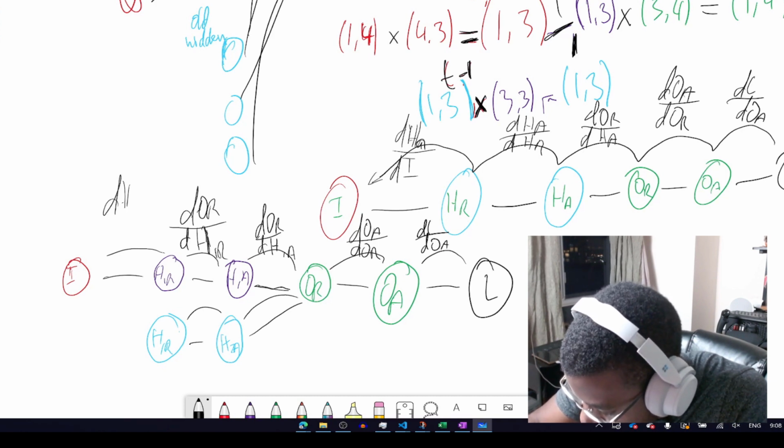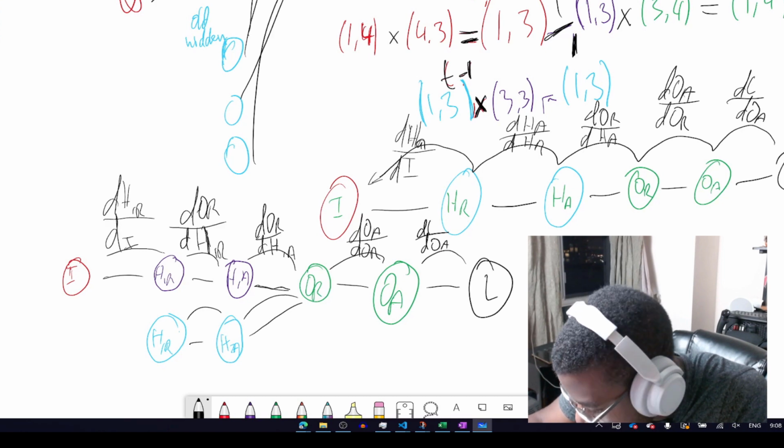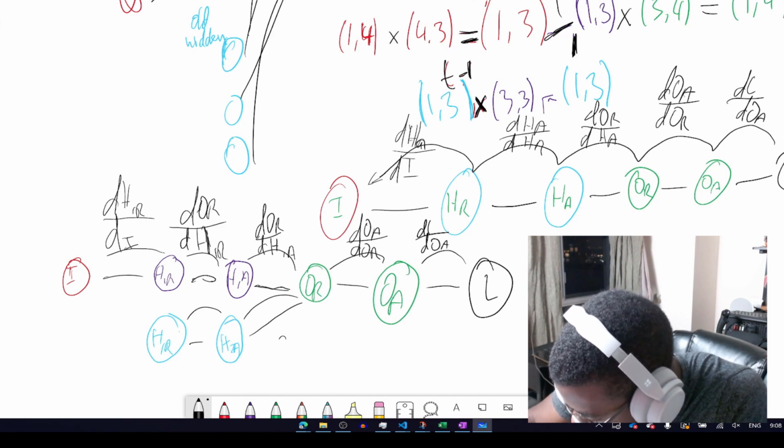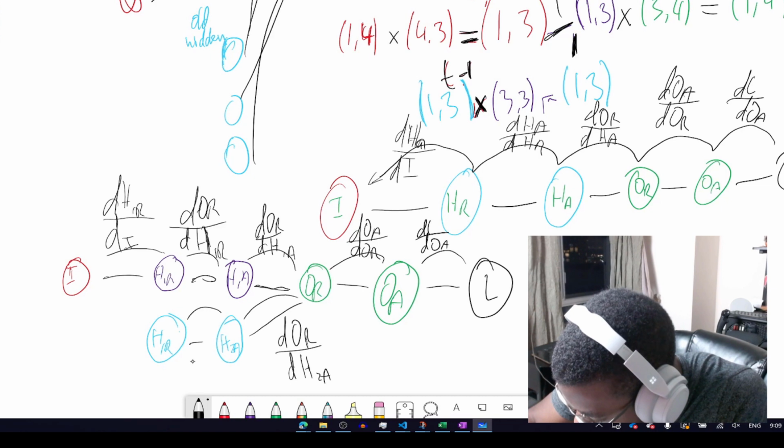And here we have dH1 raw over dI. Then over here, it's going to get a little messy, so right beneath here we have dOR over dH2A. We have dH2A over dH1R.